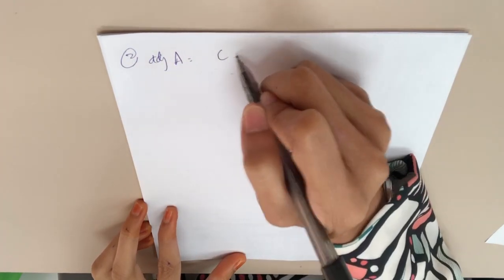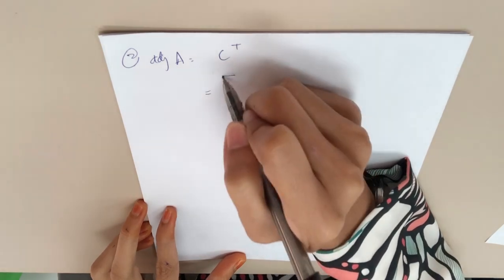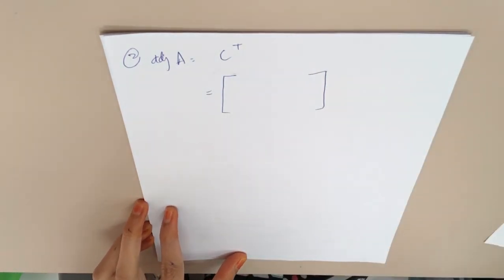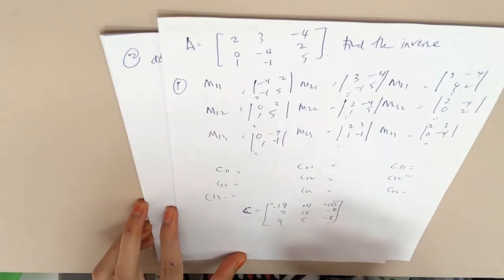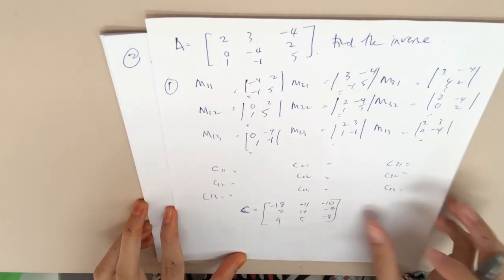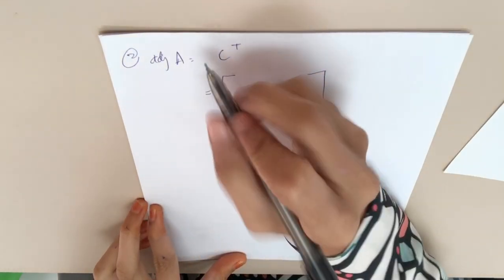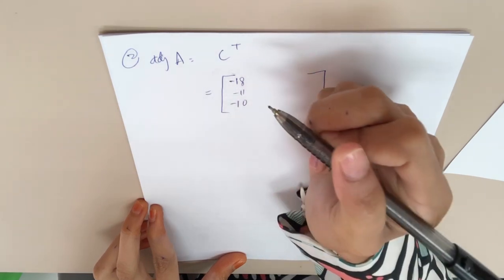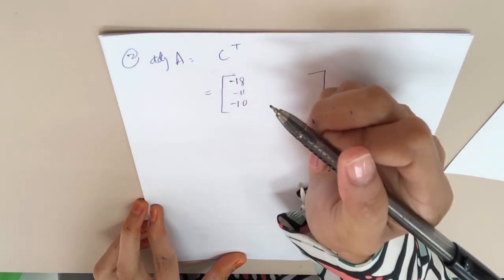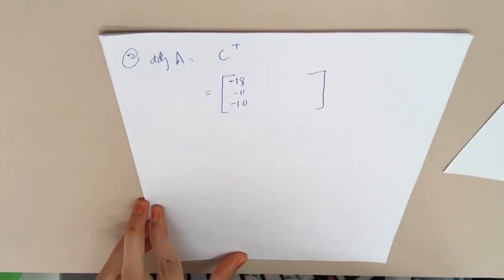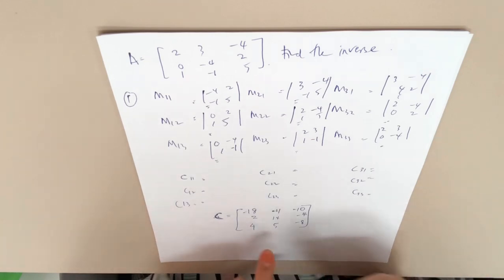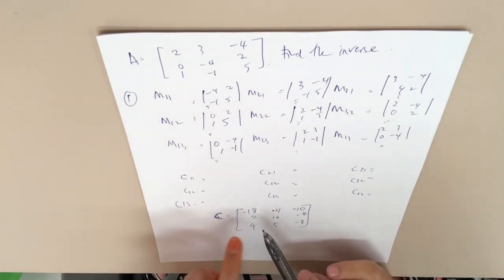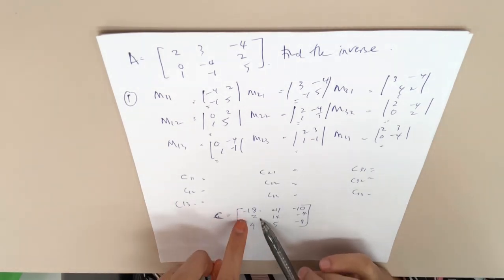Adjoint A is equal to C transpose. So just now you get C, right? For the next step, you just transpose your C. Oh, I think I got it reversed. Let me check. Matrix C, you should get C11, C12.